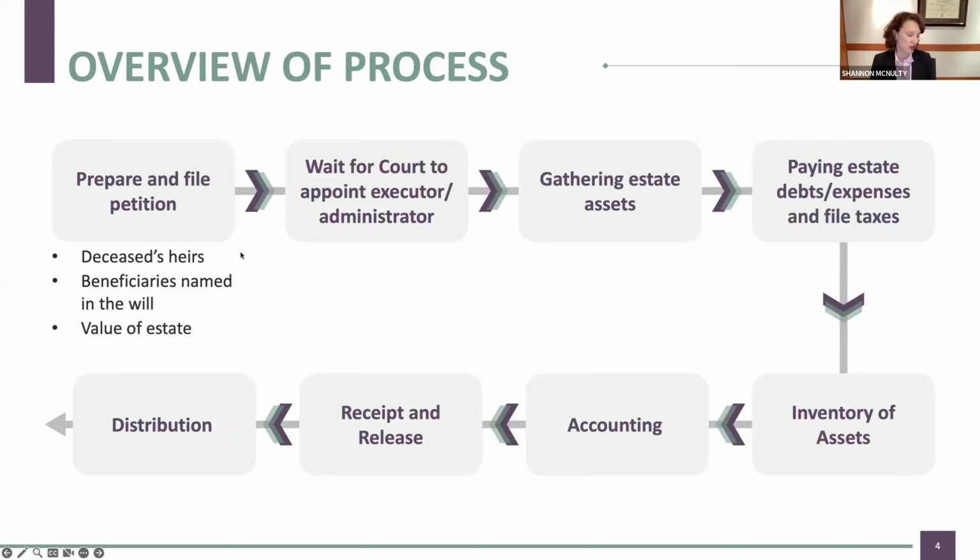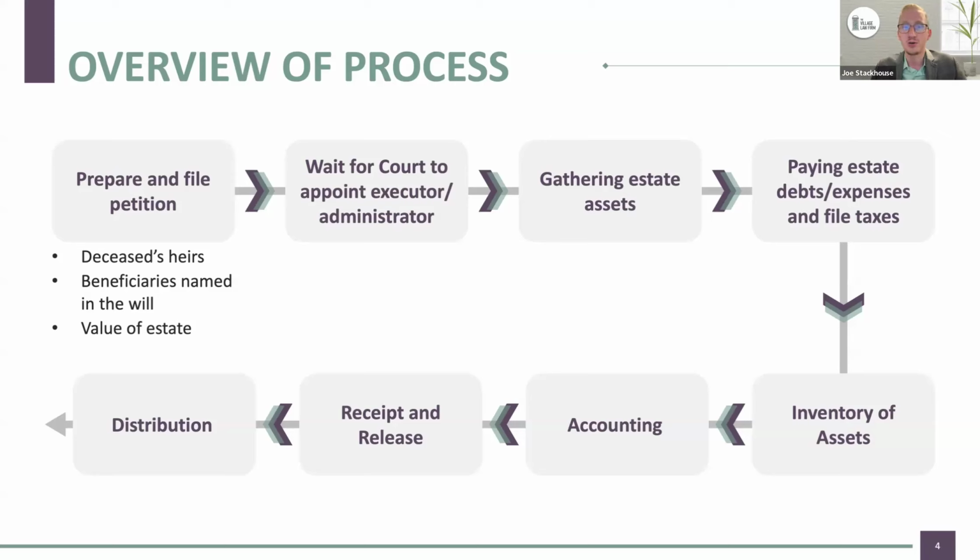Even here, I just want to look at who has to sign things, like what is this actual process? So when we prepare the petition, what do we actually do with that? Does anybody have to sign off on that for the appointment of the executor? Yep. So the executor will sign it, basically saying that the information contained in it is true to the best of their knowledge, saying that they are the person the will has appointed as the executor, and they're the person asking to be appointed formally by the court as executor.